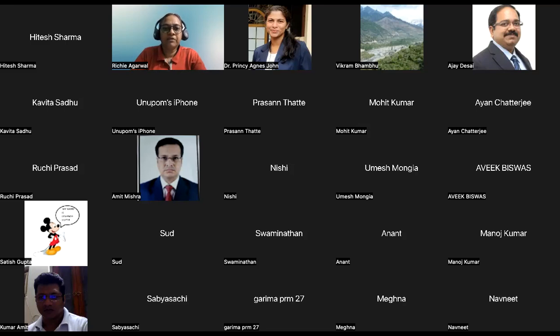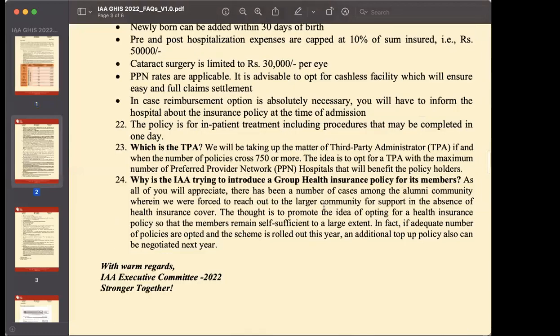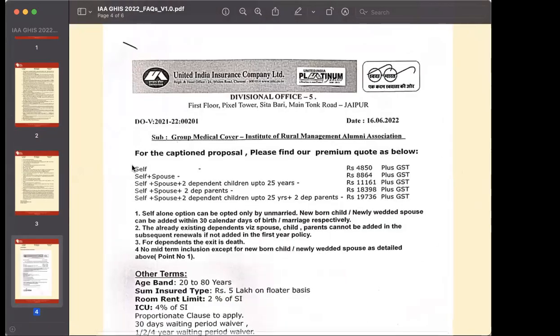So when we look at our term sheet, I will quickly share that once again. The term sheet very clearly mentions specific things. Please, I think I have not made it clear. While subscribing, it did not show 11,611. It showed only 11,161 for self, spouse, and 2 children.